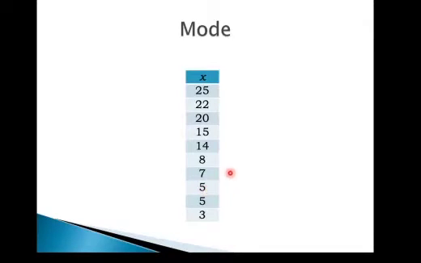If we add another number, 7, the modes are 5 and 7. So that's bimodal. If we add another number, 14, the modes are 5, 7, and 14. So that's multimodal. If we add another 14, so we have three 14s, and then the mode is 14.